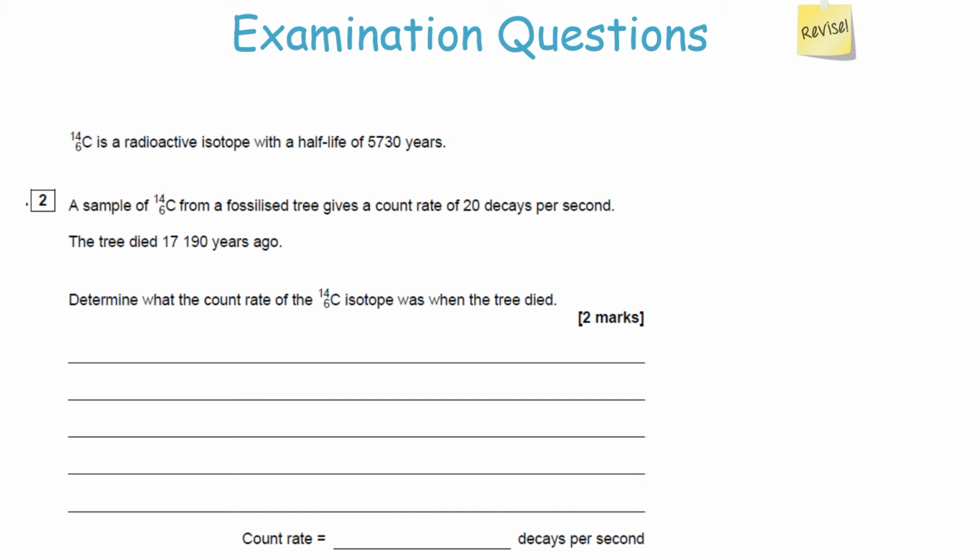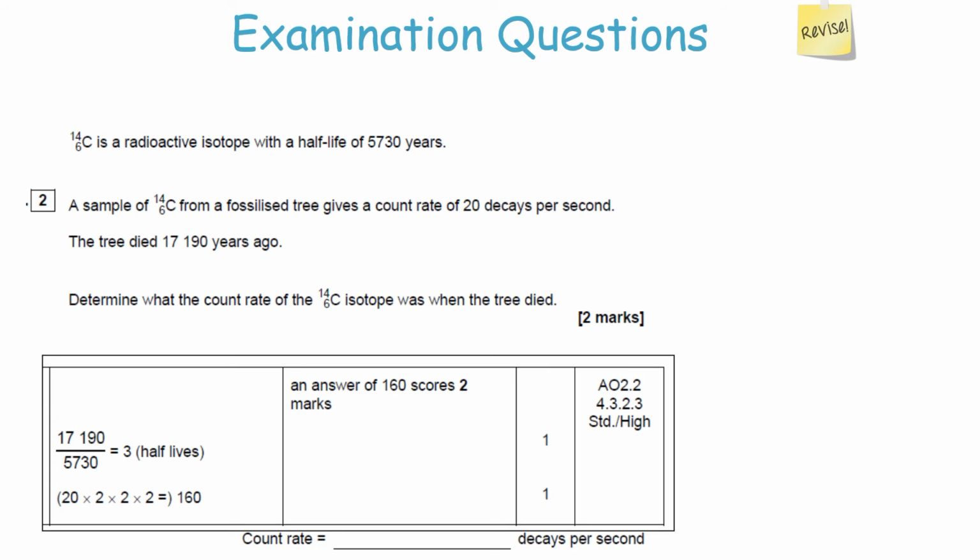Right, so the first thing you need to do is work out how many half-lives there were. It tells you that one half-life is 5,730 years and it died 17,190 years ago, so you divide that bigger number by the number for one half-life and you get your answer of 3 half-lives. Now the next thing, it's very important, is what does a half-life tell you?